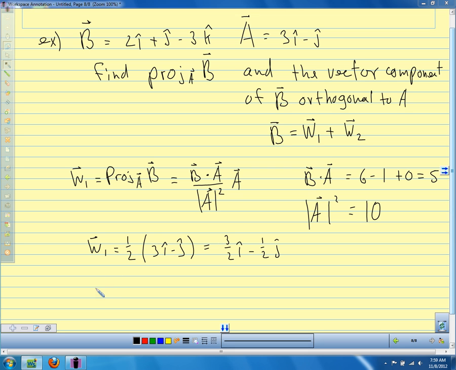And W2 is B minus W1, which gives us 2i plus j minus 3k minus 3/2 i minus 1/2 j.